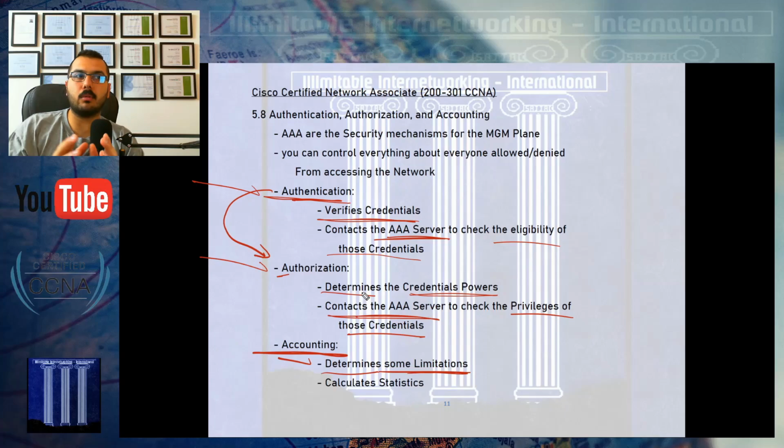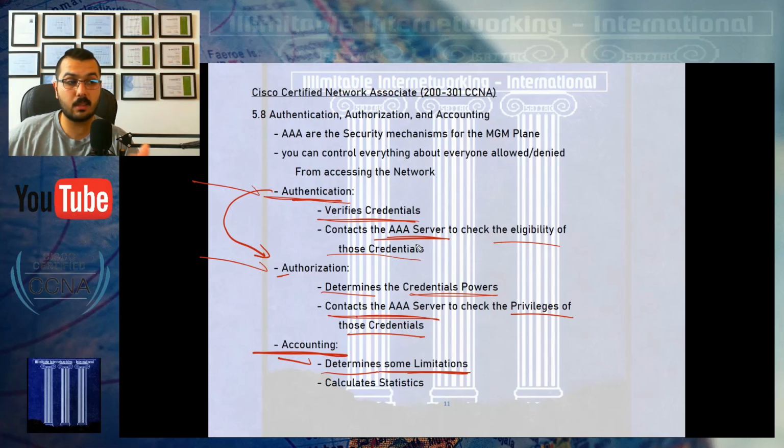One of the main and biggest things that accounting does to limit your credentials is how long you are allowed to stay inside this device for one session. So you are limited in how long you can stay online in this device. You are granted access, you are authenticated, you are authorized for privilege number 15, but accounting says that you are allowed to stay online in this session that you have just logged in to for only 1 hour, only 60 minutes. So this is the limitation of accounting.